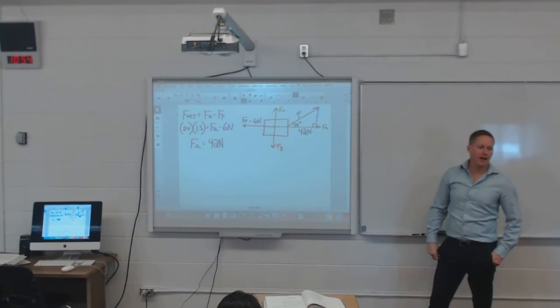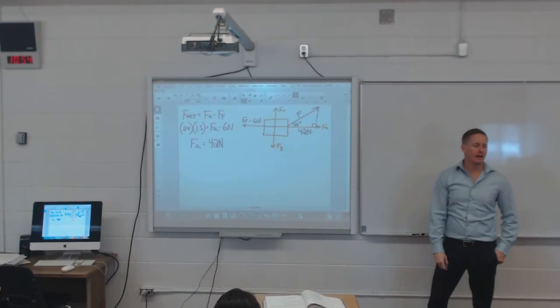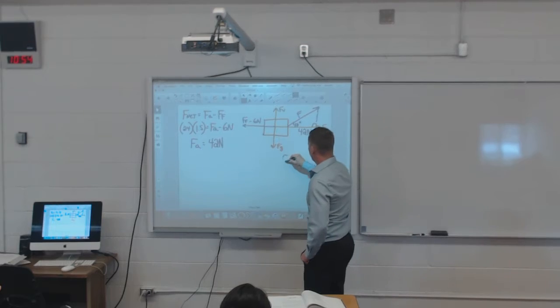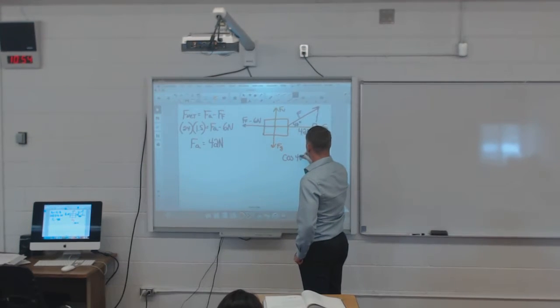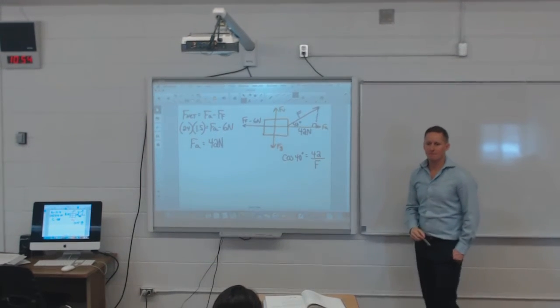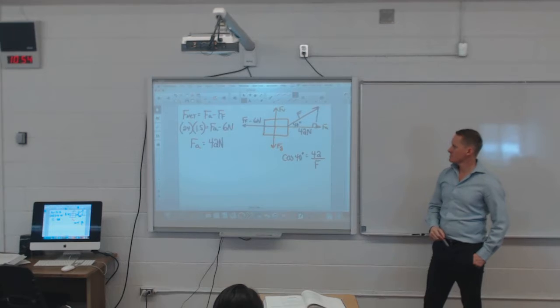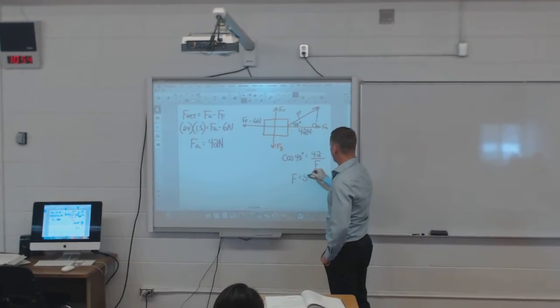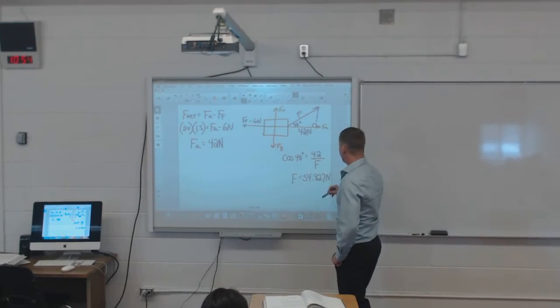How now do I find the force being pulled on the handle? Cos of 40 degrees is equal to 42 over my force. So 27 newtons.